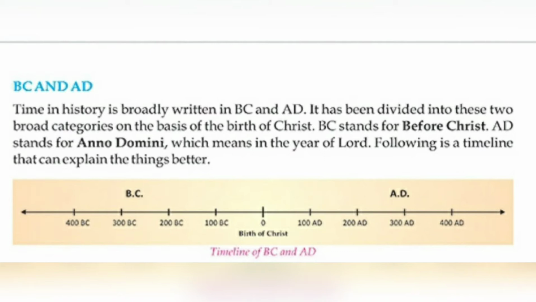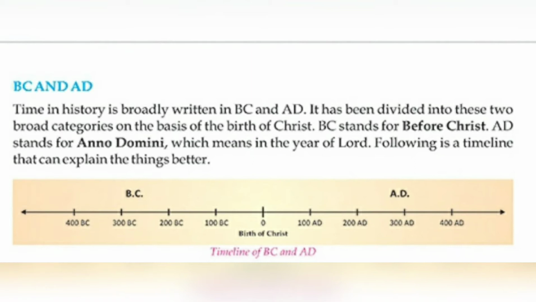Time in history is broadly written in BC and AD. What do BC and AD mean? It has been divided into these two broad categories on the basis of the birth of Christ.